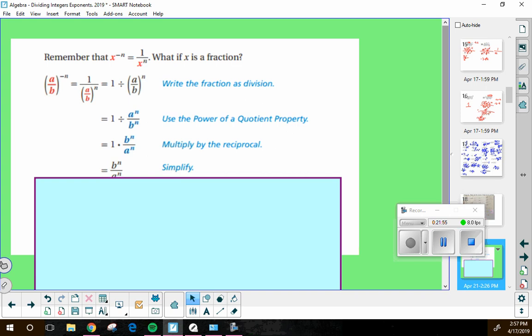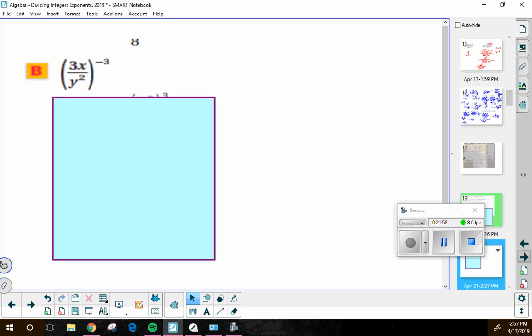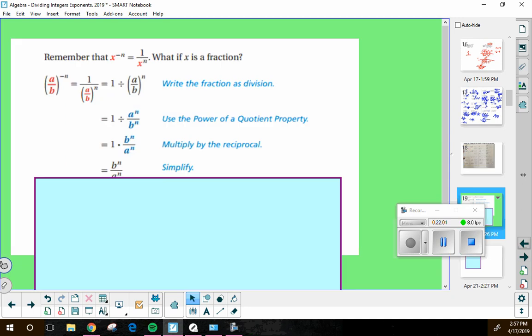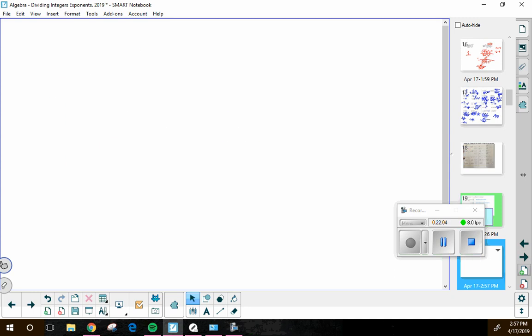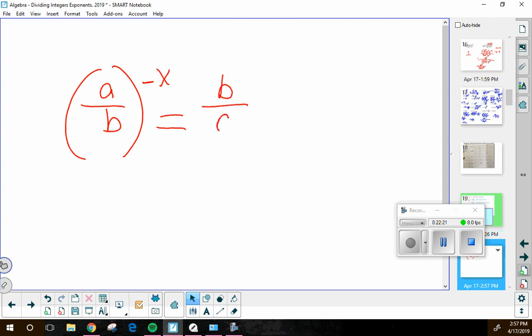So the bottom line is, and this is what you're going to put in your notes, when you have a fraction, a over b, to the negative x, when you have a fraction with a negative exponent, you just flip the fraction and make the exponent positive. You just flip the fraction and make the exponent positive. That's the only thing that I couldn't get this foldable to include.